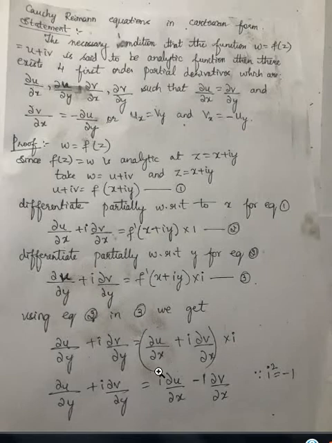with both the components. That will become i into ∂u/∂x. What is i into i? i squared is minus 1. So plus will become minus 1 times ∂v/∂x. Then you have to equate the real and imaginary parts. Wherever i is there, take it as one group, and take the other as another group.